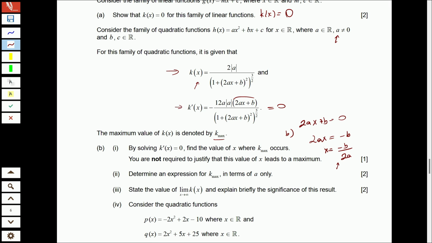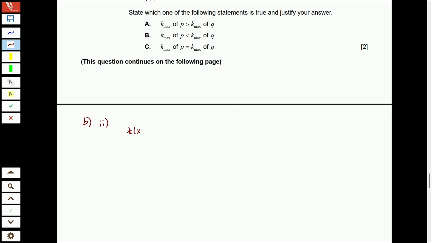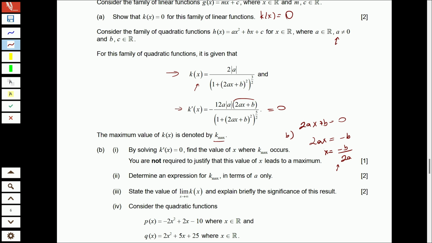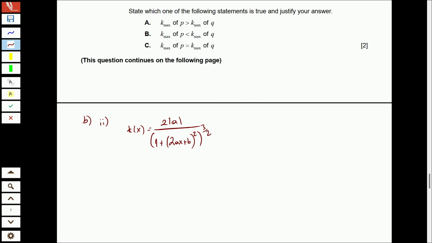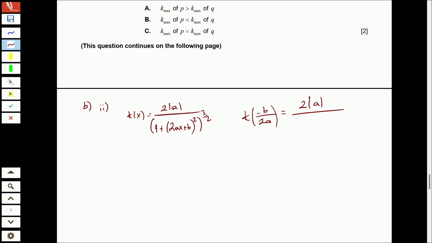Let's write this one. k of x equals the absolute value of a times 2 divided by 1 plus (2ax plus b) to the power of 2, to the power of 3 over 2. And we're going to plug in minus b over 2a. Let's find this: 2a divided by 1 plus 2a times minus b divided by 2a plus b, this expression.